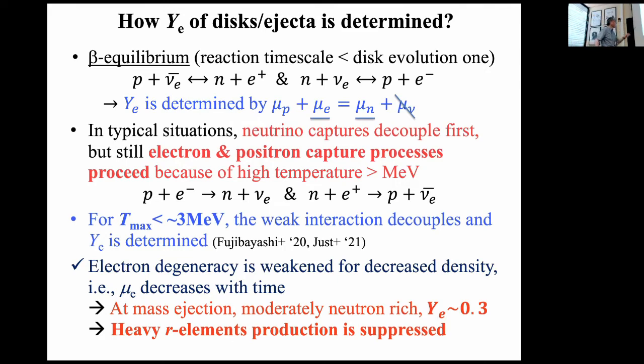In particular, the NPA group in Garching performed a detailed simulation changing the weak interaction input, and they clearly show that taking into account the important weak interaction processes is very important. Gravity is not so important; weak interaction is very important in this case.